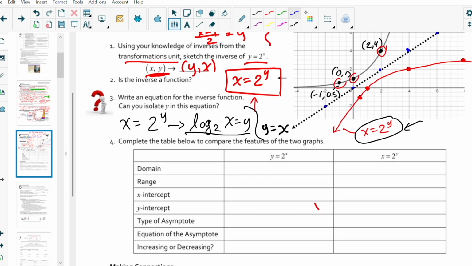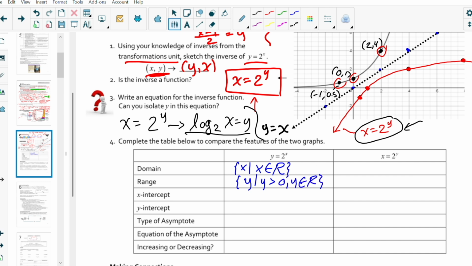Let's take a look at a couple of key characteristics here. y equals 2 to the x. What's the domain? x such that x is an element of all real numbers. Okay, what about the inverse? Let's do the range first. y such that y is greater than 0.